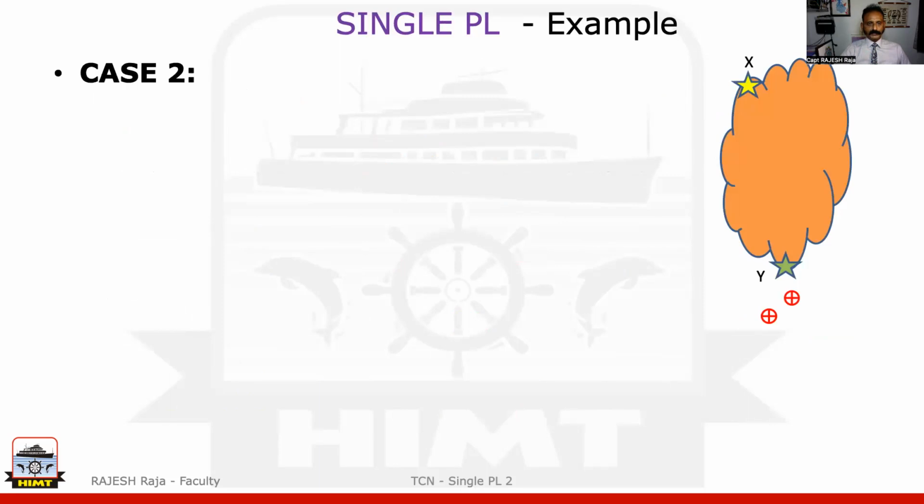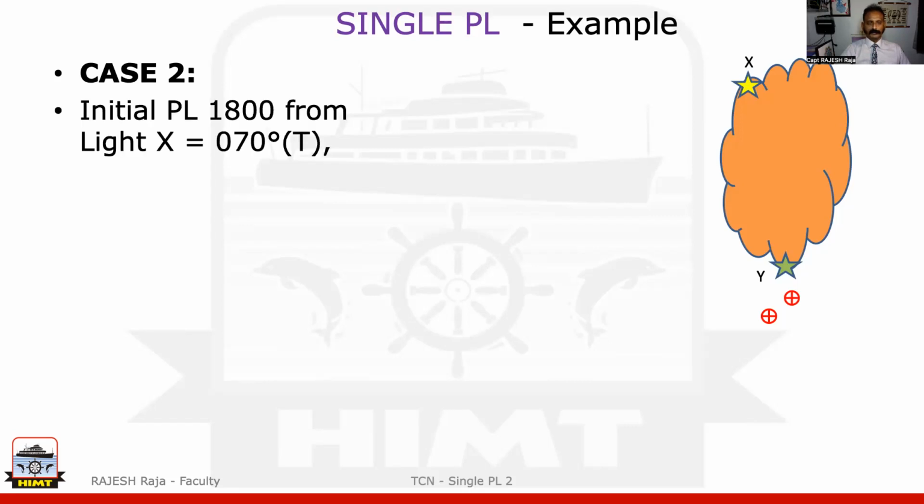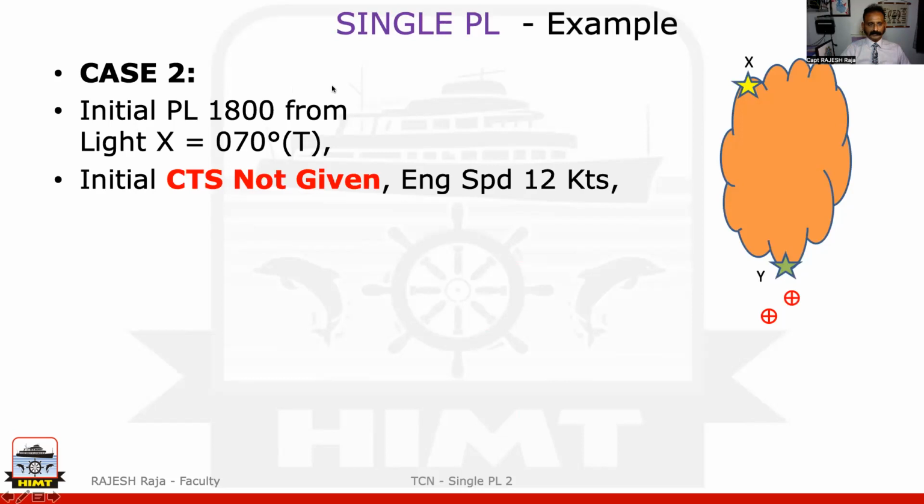I'm going to take case 2. Let us read what case 2 is and then see how it is different from case 1. I'm giving you a PL at 1800 from Lighthouse X. I've already marked Lighthouse X. The bearing is exactly the same as case 1. There's no difference. Next, the initial sailing CTS is not given to you in the question and only engine speed is given.